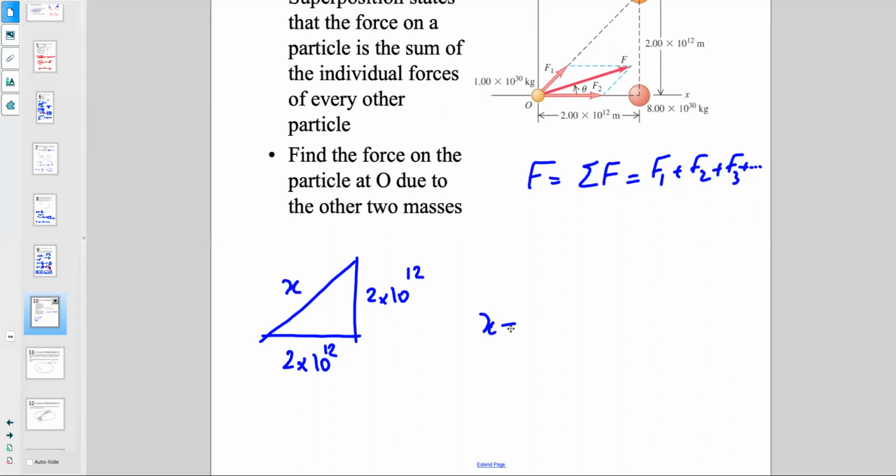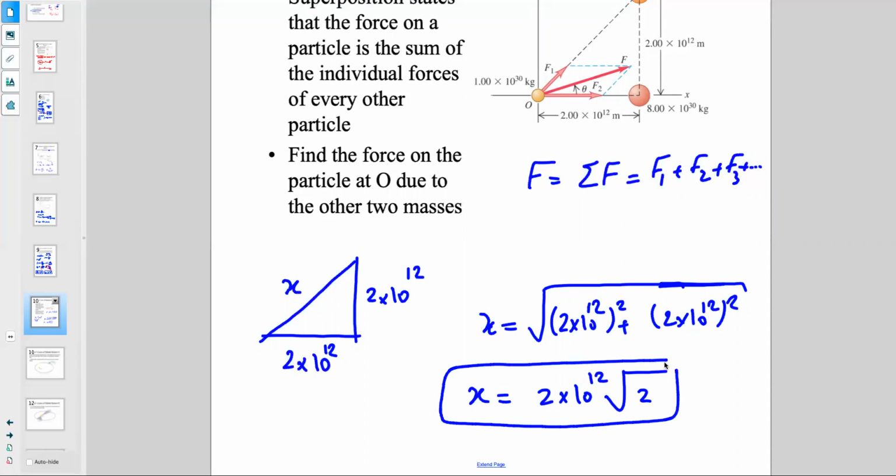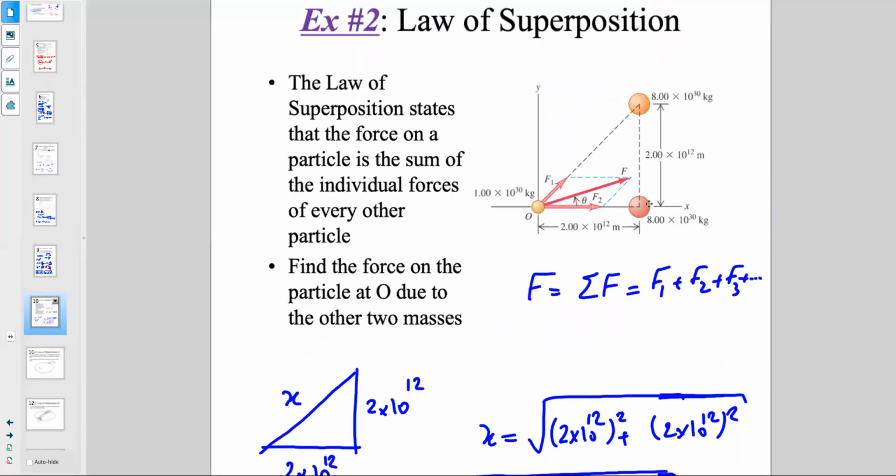So x is the square root of 2 times 10 to the 12 squared plus 2 times 10 to the 12 squared. So this would be 2 times 10 to the 12 times the square root of 2. This would be the distance from this particle to here, so I'm just going to call it x.